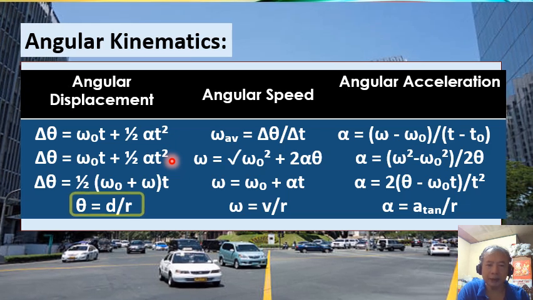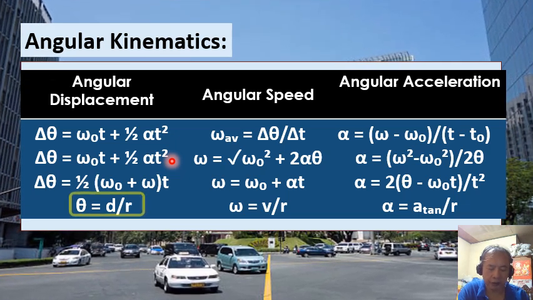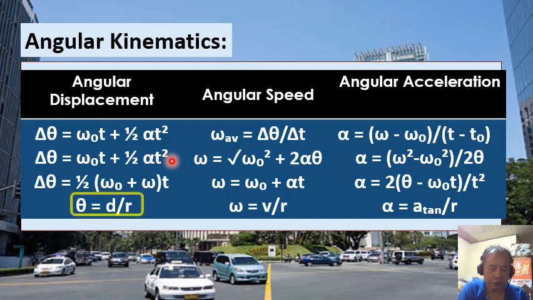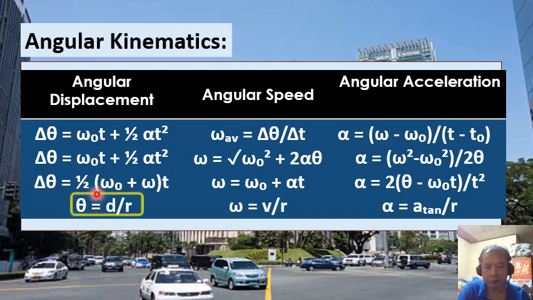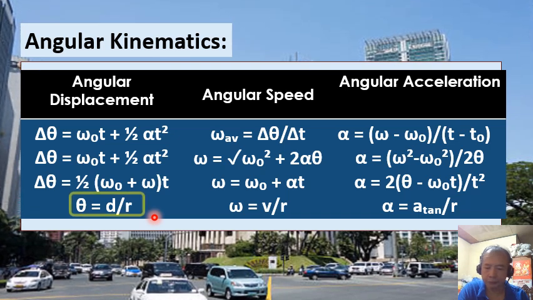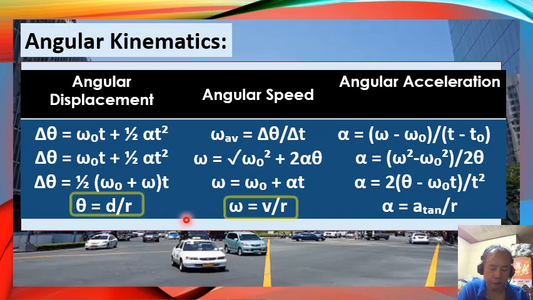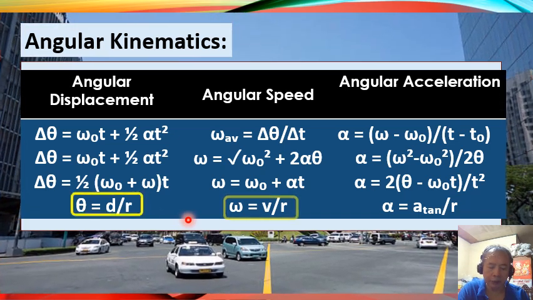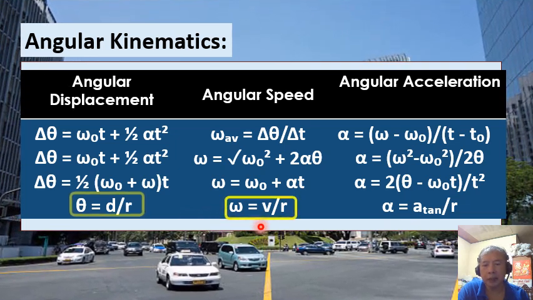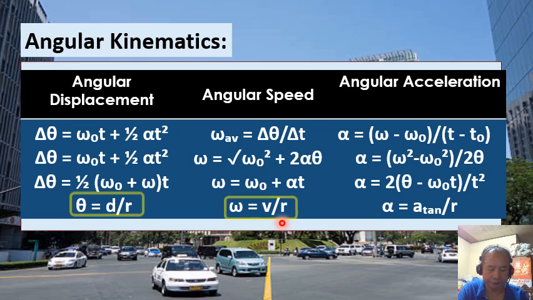Angular displacement theta is related to the linear displacement d. That is, theta is equal to d over r. Angular speed omega is related to linear speed v because omega is equal to v over r.